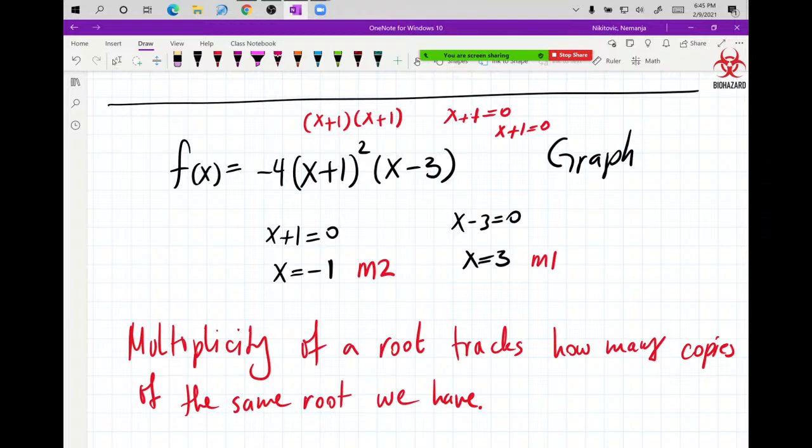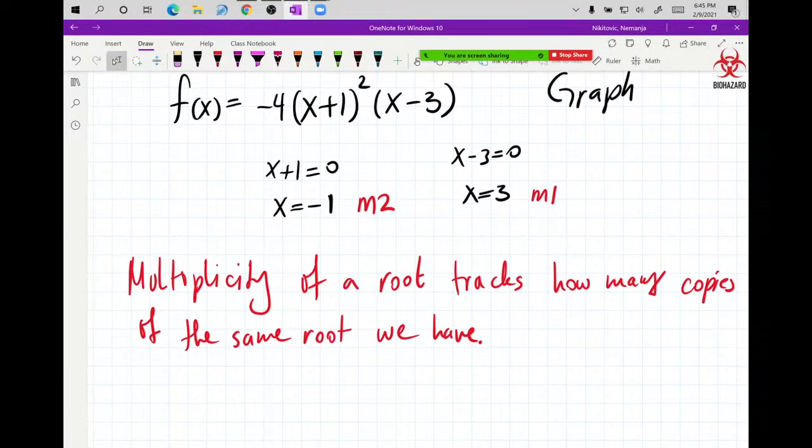But in all honesty, I have two of those multiplying each other. So I could just set each one independently. One is going to spit out negative 1. The other one is going to spit out negative 1. Well, that's what we have. We have two negative 1 roots. And that's what the M1 and M2 means. You will see M3, M4, meaning that they have that many roots.